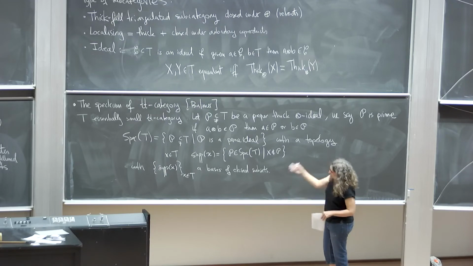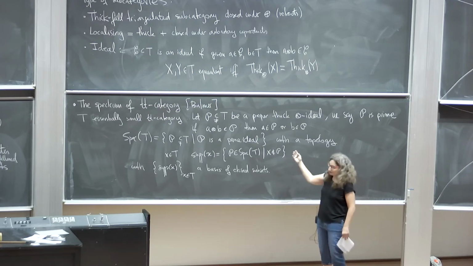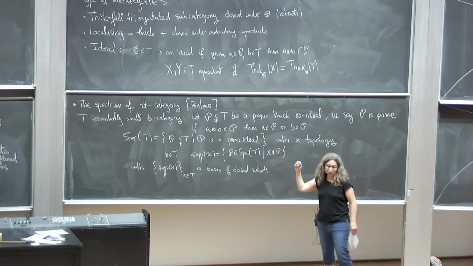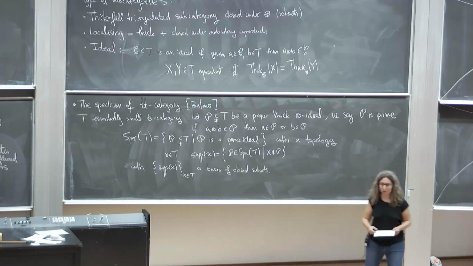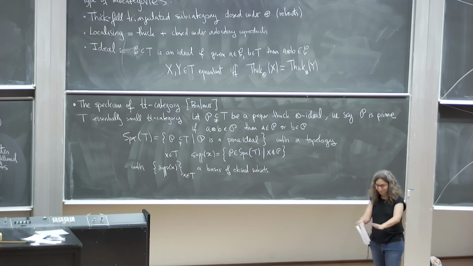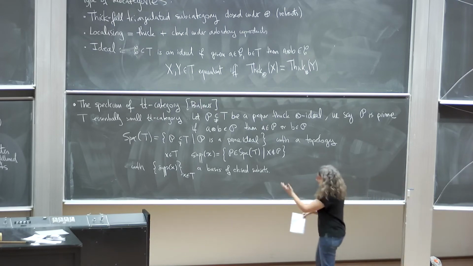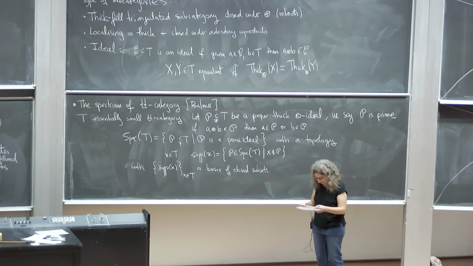And Balmer gives these definitions, but he also shows that this is a spectral space. There is a notion of a spectral space mimicking the Zariski topology for a spectrum of a ring. There is a general notion inside general topology, described with topological properties, of what a spectral space is. So it turns out that this is a spectral space.